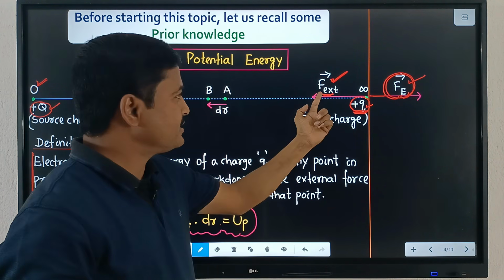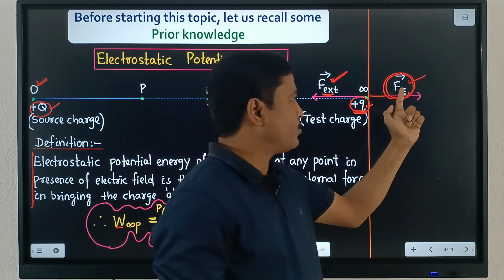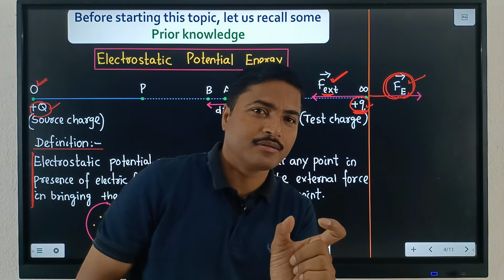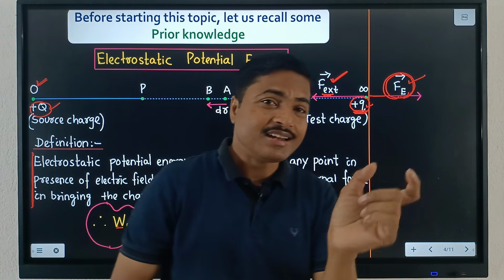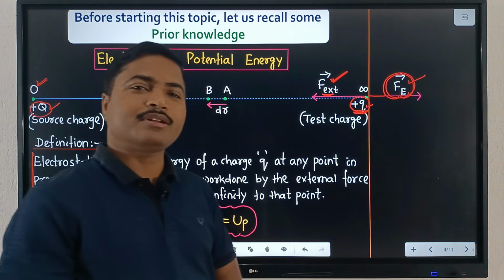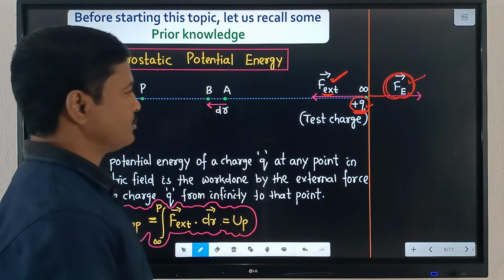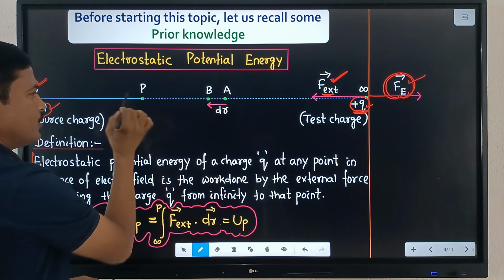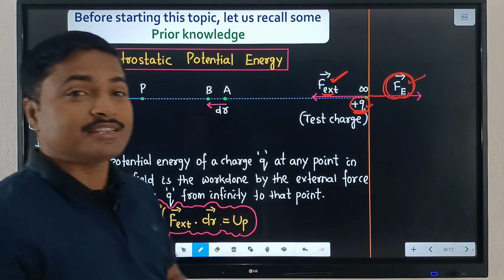The magnitude of this external force may be equal to the electrostatic repulsive force or slightly greater, not less. Then the test charge starts to move from infinity up to point P. That means displacement is there.